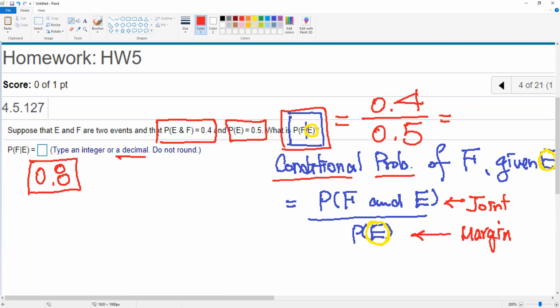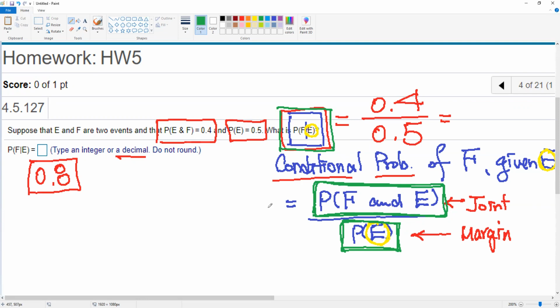Let me check the answer. Number 4 is 0.8. It's good, right? So simply take the joint probability at the top and the probability of the given event at the bottom, and take the fraction to get the conditional probability. Okay, please try the other problems. And now here's another example for the conditional in number 9.